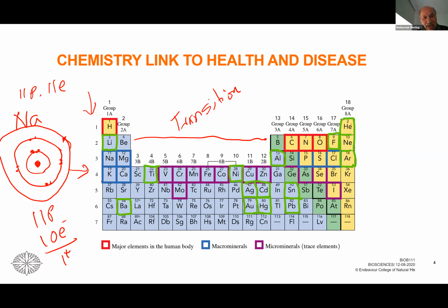All group 2 will have 2. All group 3A, can you see the A there on top? They are the common elements. 3 electrons, 4 electrons, 5 electrons. Group 6 will have 6 electrons in the outer shell. 7 electrons and so on.